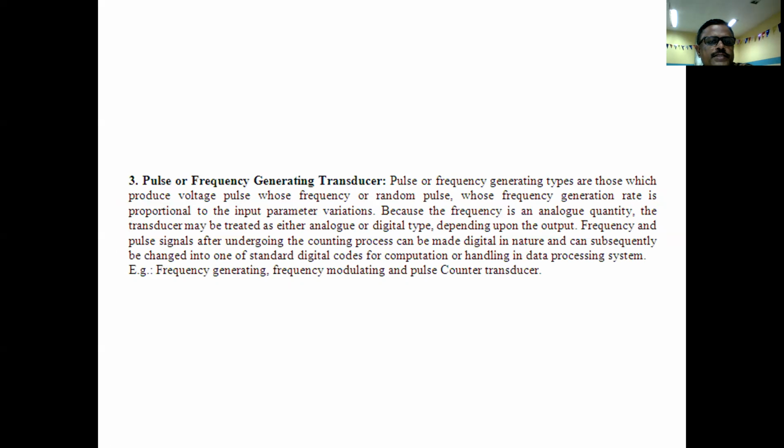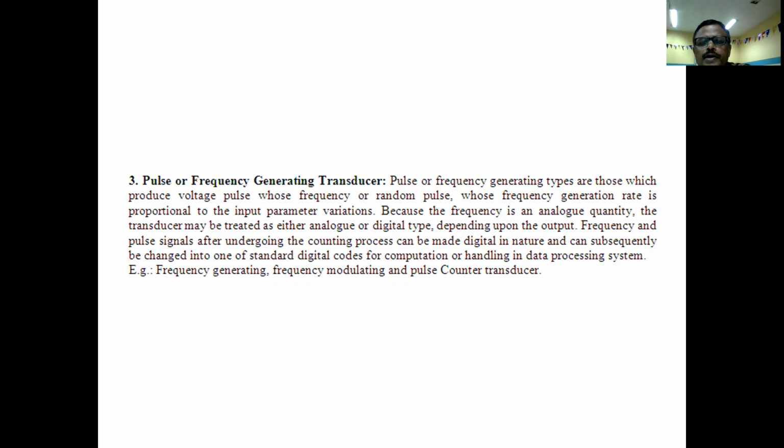Then we have pulse type or frequency generating type of transducers. So these are frequency generating or frequency modulating and pulse counter type of transducers. So what are the frequency generating transducers?